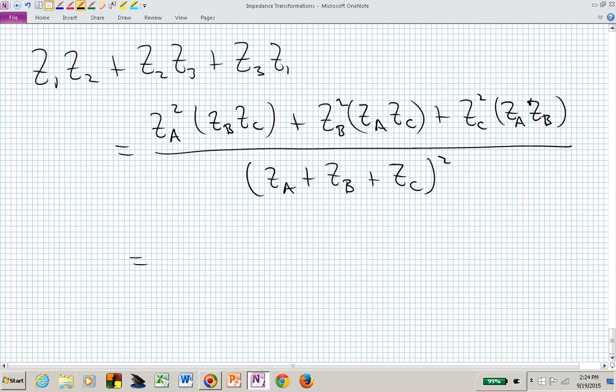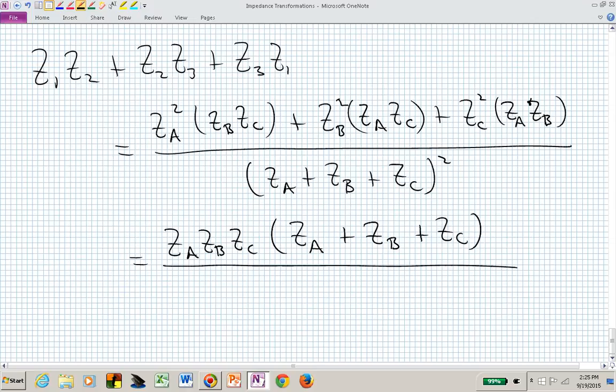So now I have Z sub A times Z sub A, Z sub B, Z sub C. I have Z sub A, Z sub B, Z sub B, Z sub C. And I have Z sub A, Z sub B, Z sub C, Z sub C. You can see that I have a common term in the numerator of all of those, the product of those three impedances, Z sub A, Z sub B, Z sub C. Then if I look at what's left over after factoring that common factor out of all three, I now have the sum of those impedances.